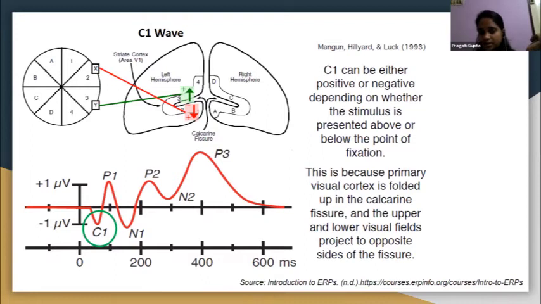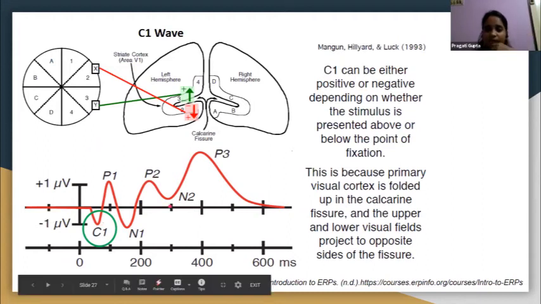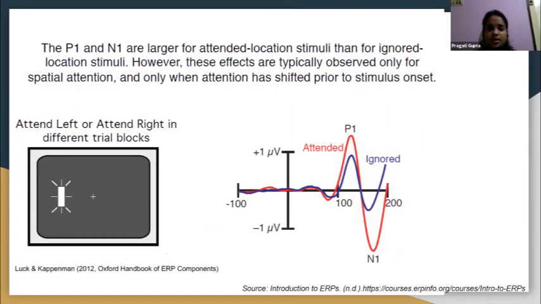That is why this crisscross happens, and the lower and upper visual fields are seen with opposite polarity in the ERP waveform. So this is the first component, the C1 wave. Then we'll see the P1 and the N1. P1 and N1 are usually seen for attention tasks, specifically spatial attention.